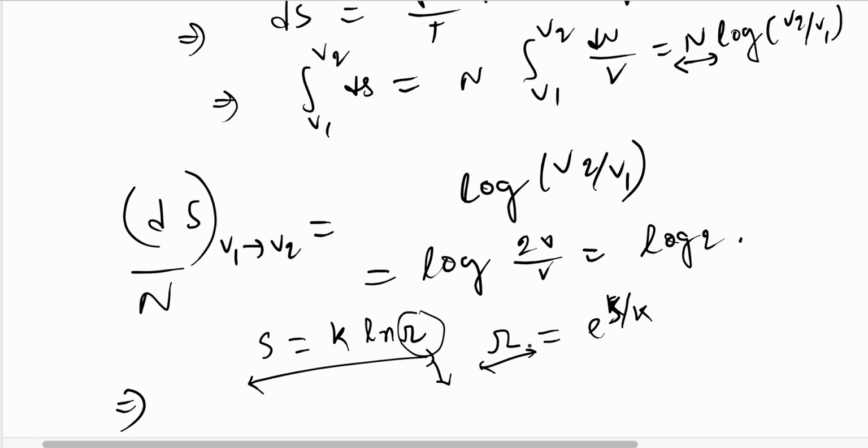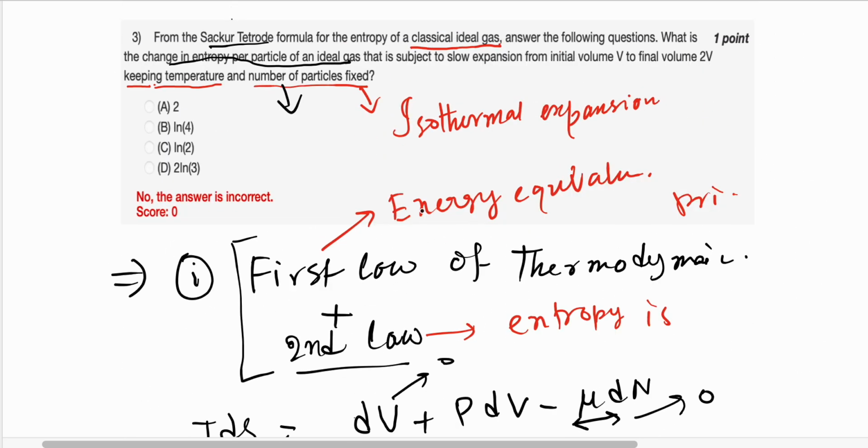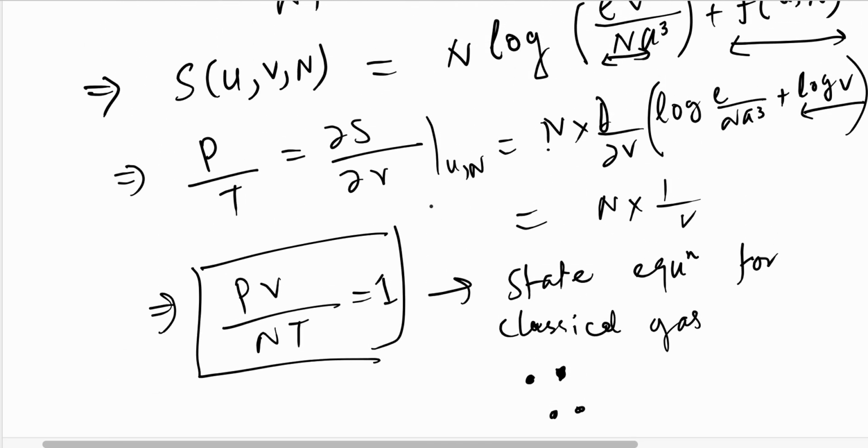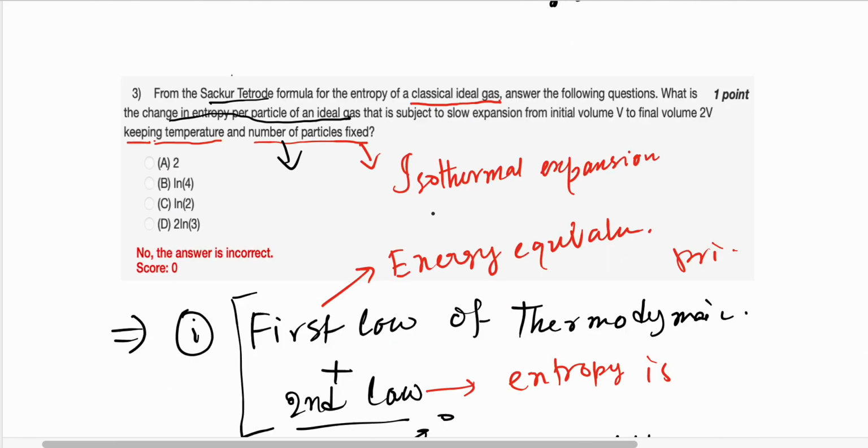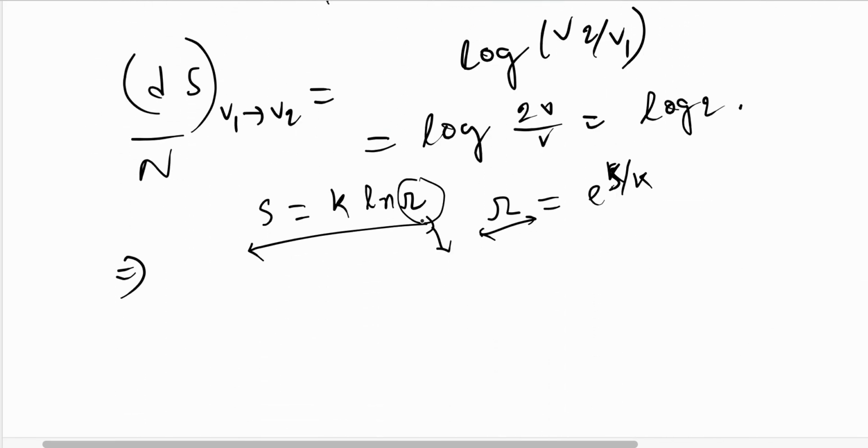Actually in the Boltzmann sense it is the total number of microstates.